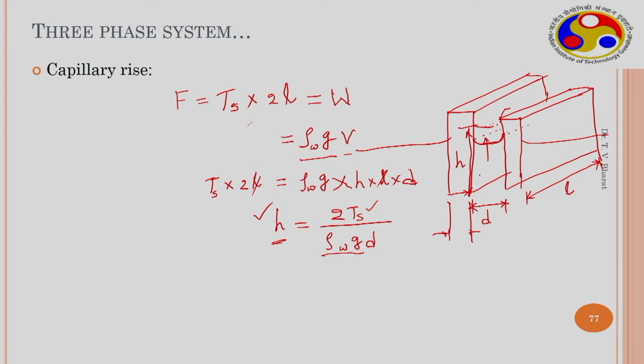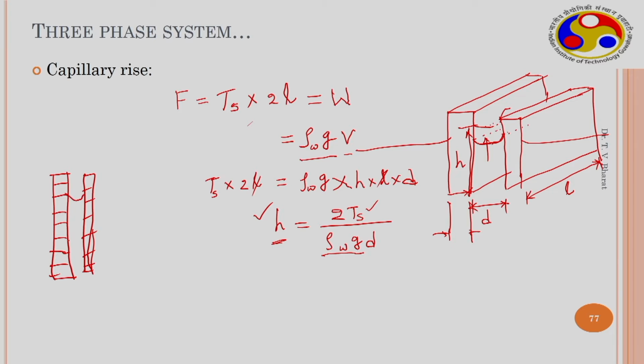So this could be in meters. But then we need to assume that the particles have stacked up, each particle stacks up like this, and another particle stacks up like this, which forms a small pore, and then water should rise up.